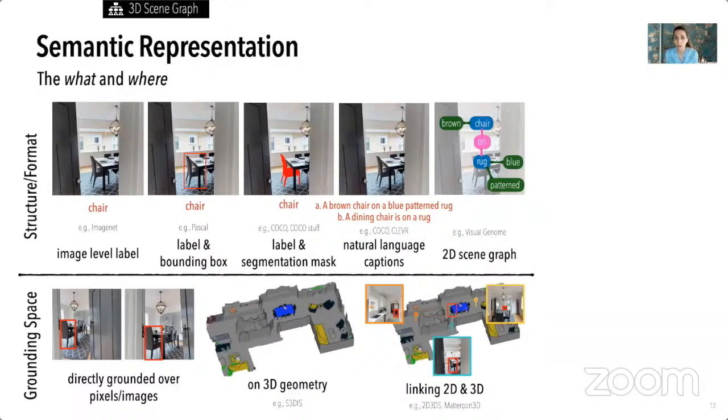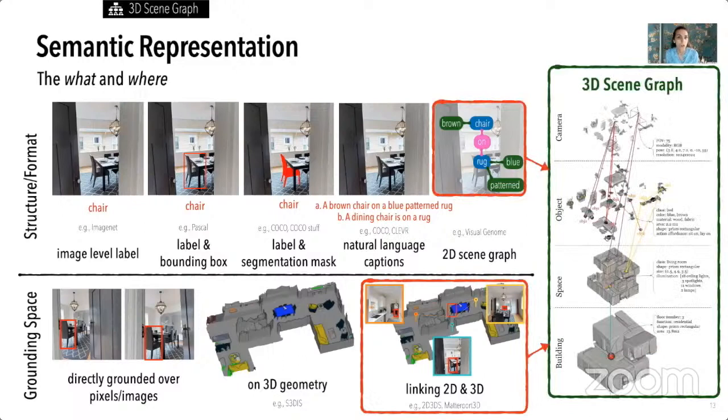So we can ground the semantic information on the 3D space, and then whenever we want to use images, we can have them registered on this 3D space and project information back on them. So given these two findings about the what and the where of these semantic datasets, we came up with the 3D scene graph. And we'll explain about the 3D scene graph right away.